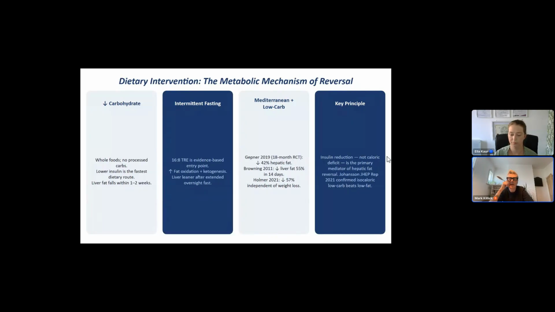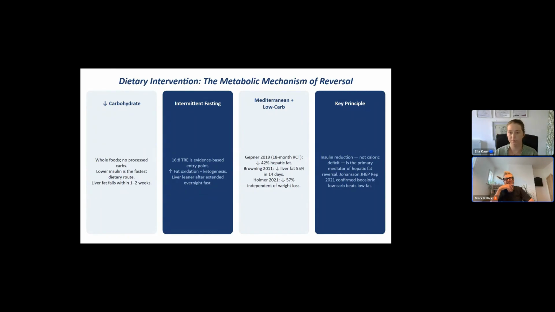So that's the key principle there, is insulin reduction, not caloric restriction. So when we frame this for our patients, we're not removing fats from your diet, we're removing the signal that tells your liver to manufacture fat from scratch. This is the really important part of the intervention.